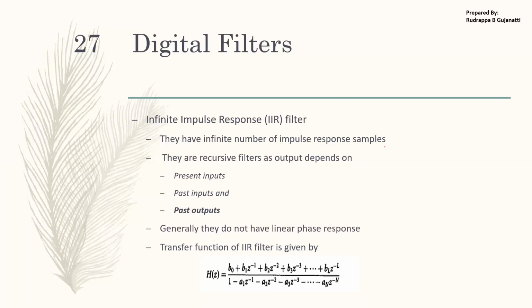Then the transfer function is defined as H of z, with the numerator when equated to 0 giving you zeros, and when the denominator is equated to 0 it gives you the pole locations. From that we can estimate the overall response of the system.